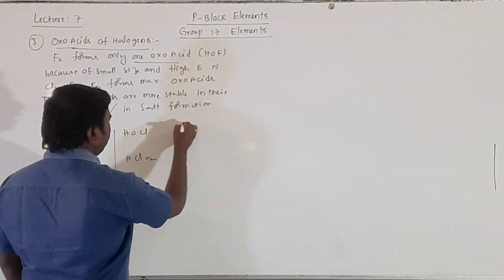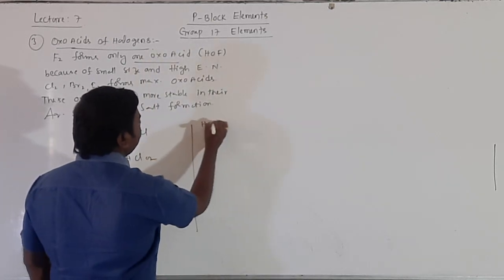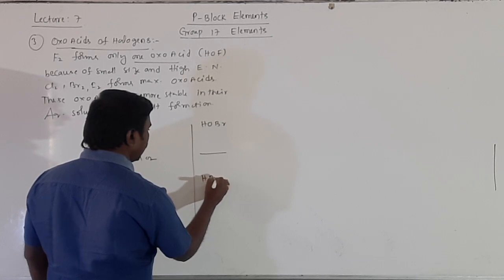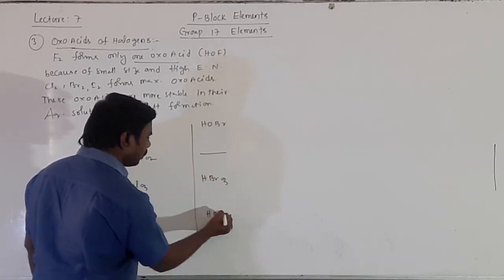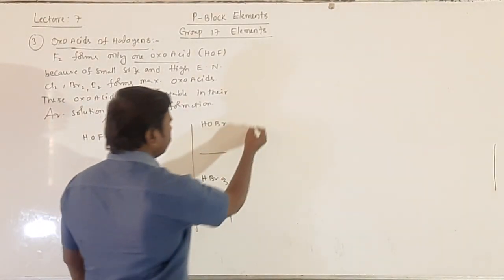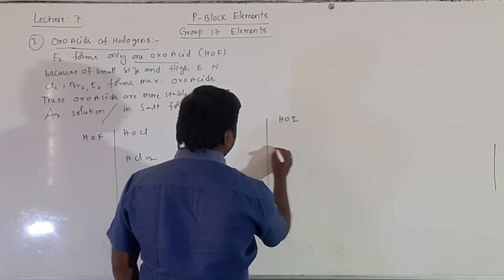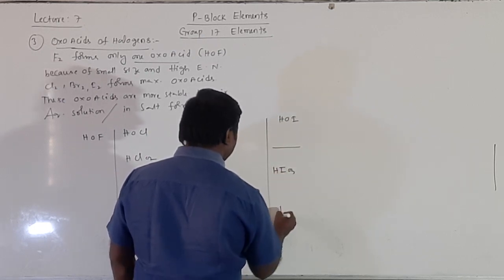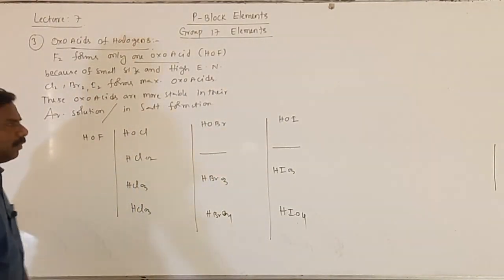Next, bromine forms HOBr. HBrO3 and HBrO4 will not be formed. Okay, students. Next, iodine forms HOI. HIO3 and HIO4 will not be formed.